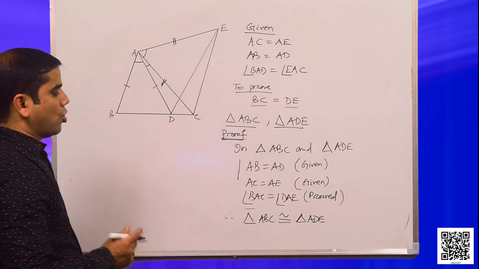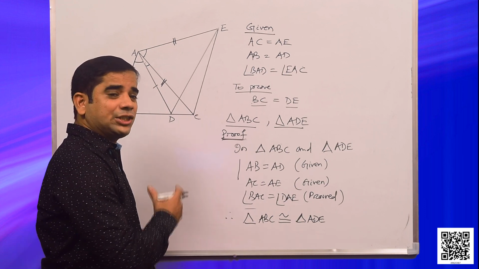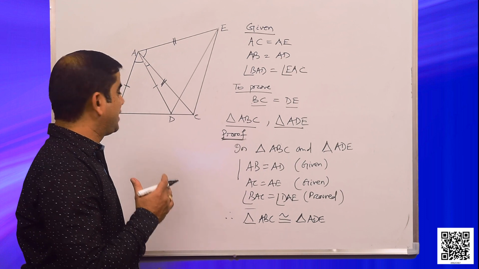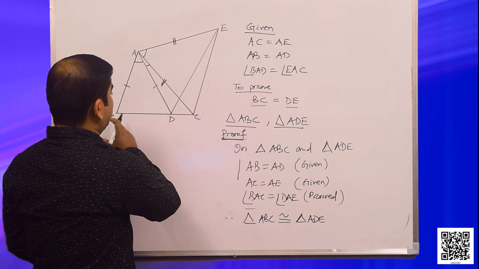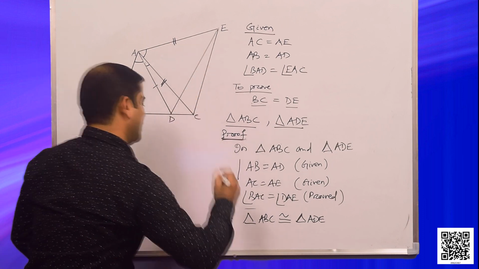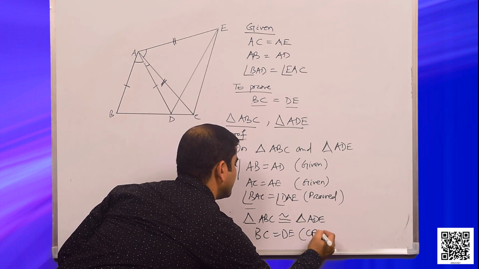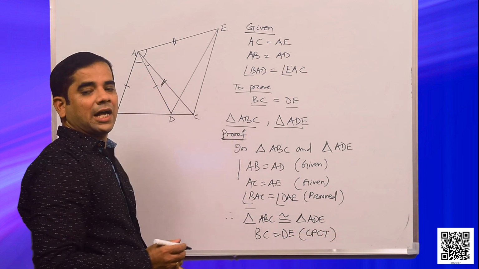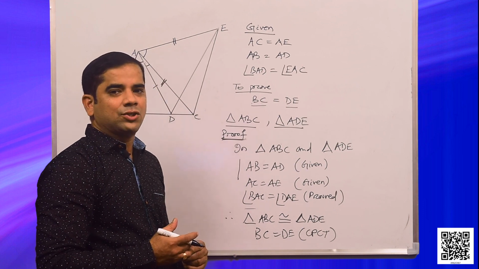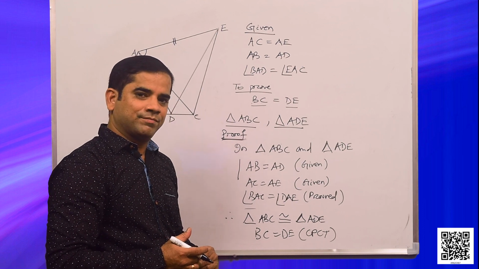As these two triangles are congruent, now we can see that BC is equal to DE, because these two sides are corresponding sides of the triangles ABC and ADE. Okay, hope you understood. Students, let us discuss question number 7.